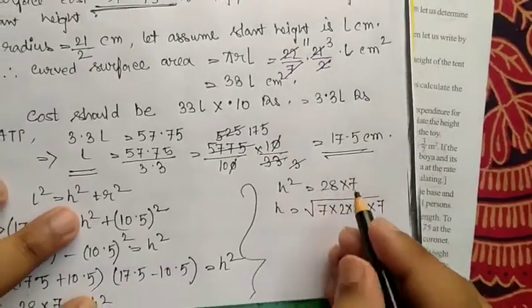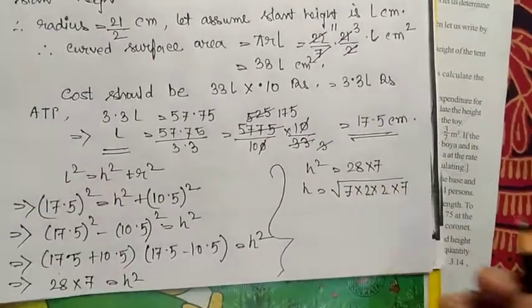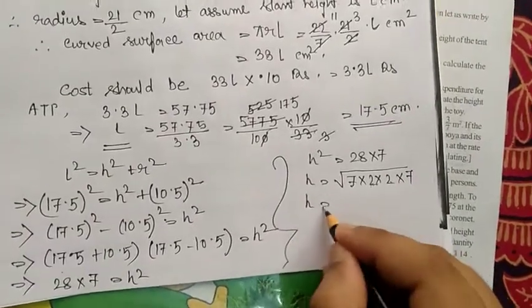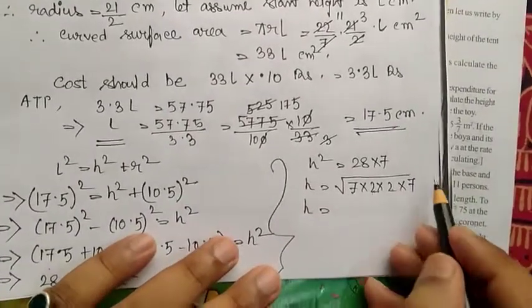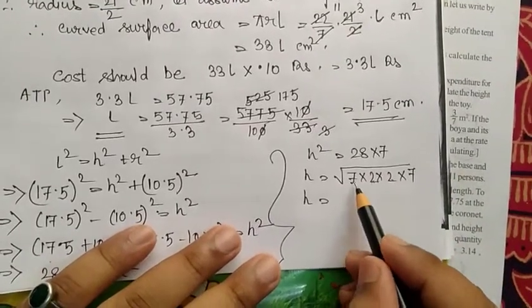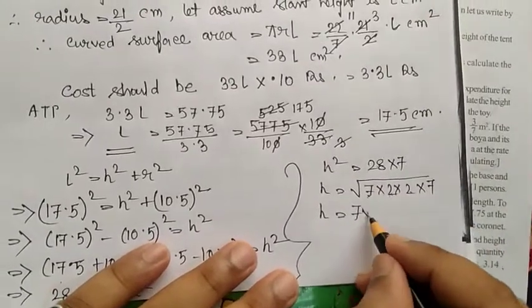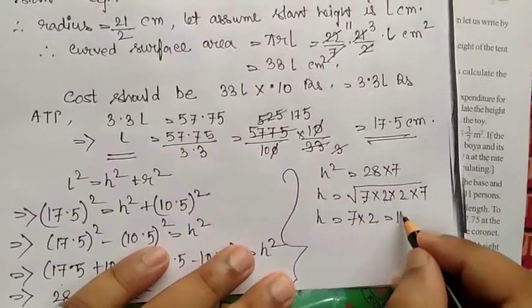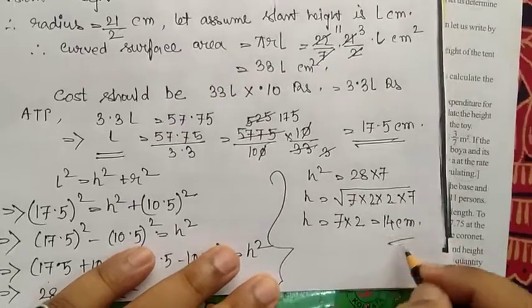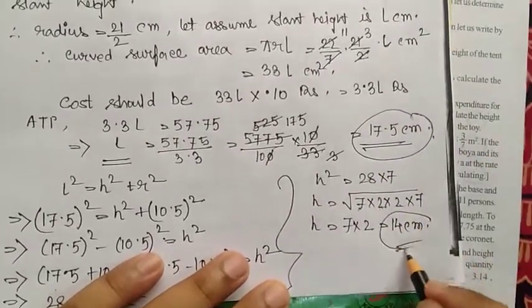This 28 we can break into 7 into 2 into 2: 7 into 2 is 14, 14 into 2 is 28. Taking the square root, from the two 7s we get 7, and from the two 2s we get 2. So height equals 14 centimeter. Here we find that the slant height is 17.5 centimeter and the height is 14 centimeter.